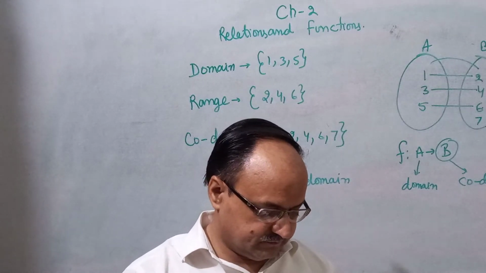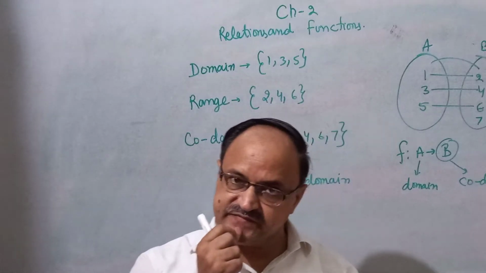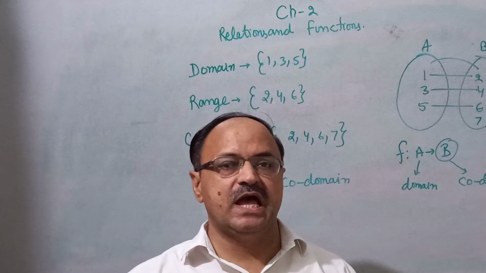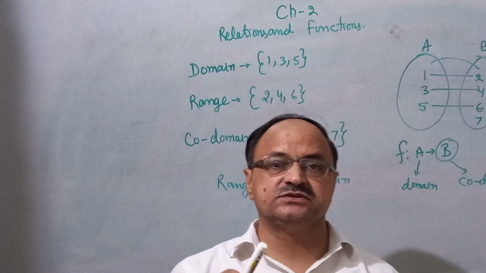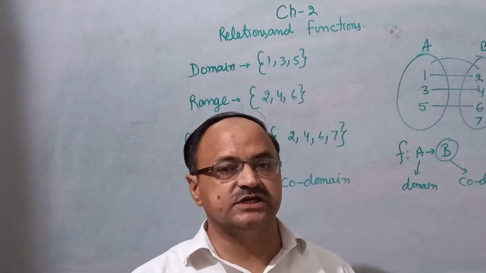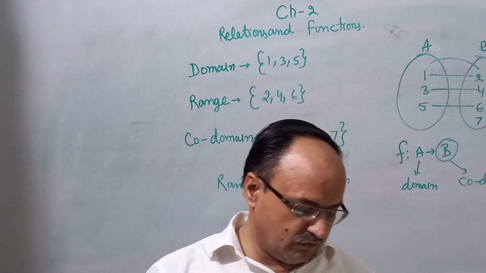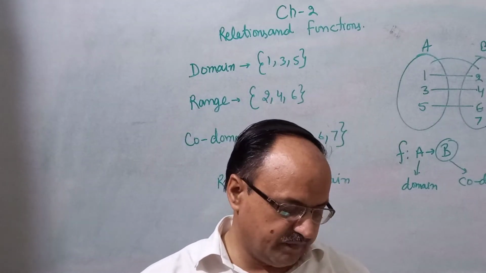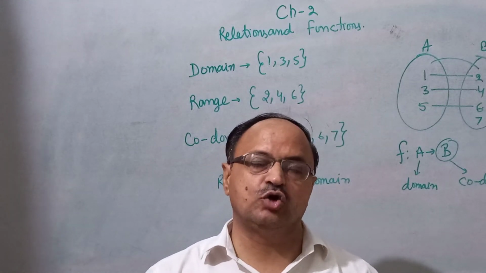Again, the definition of relation: take any two non-empty sets A and B, any subset of A cross B is R, then you can say R is the relation, correct? And the set of all first elements in the ordered pairs from set A to set B is called domain.